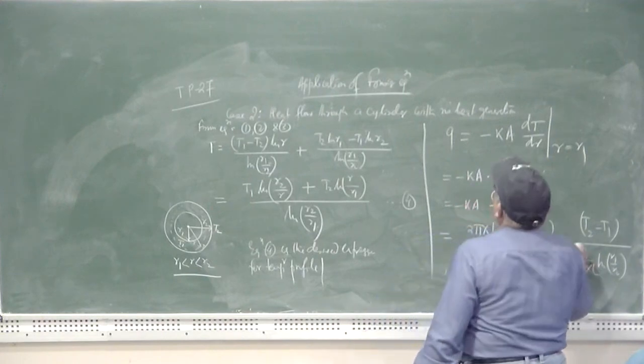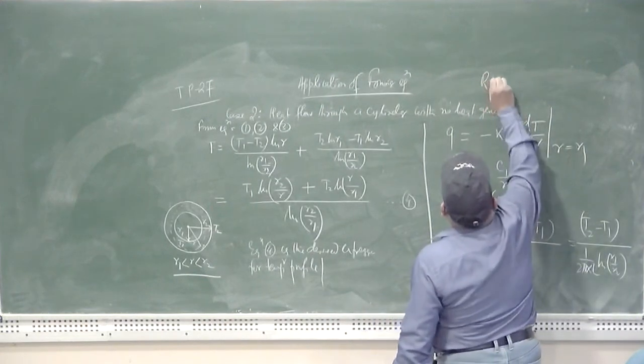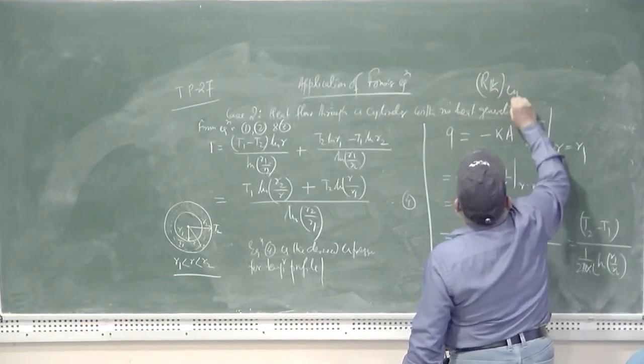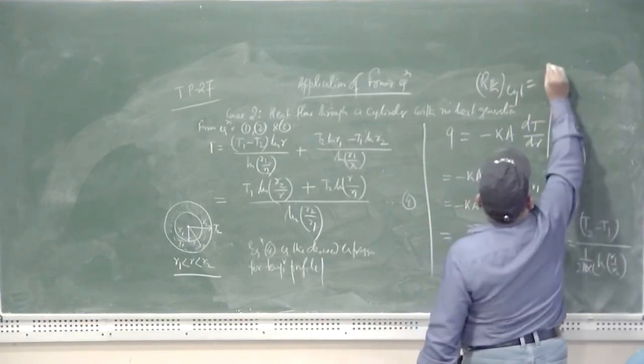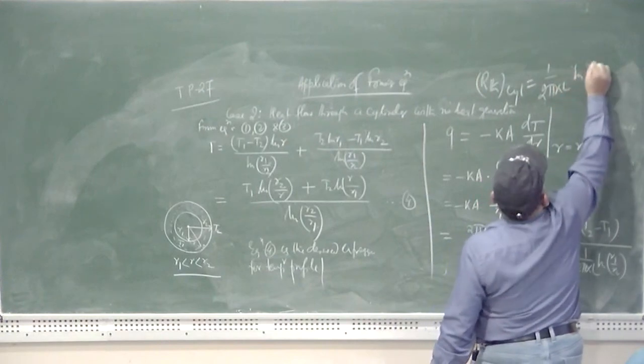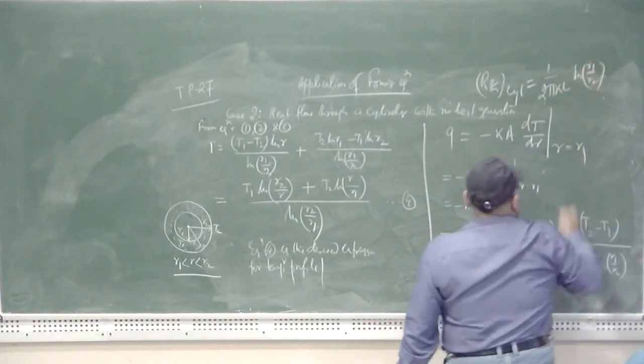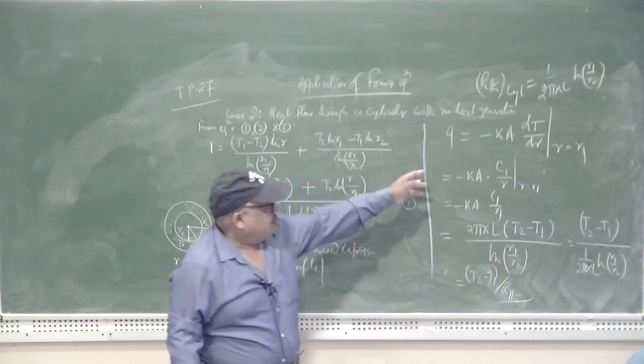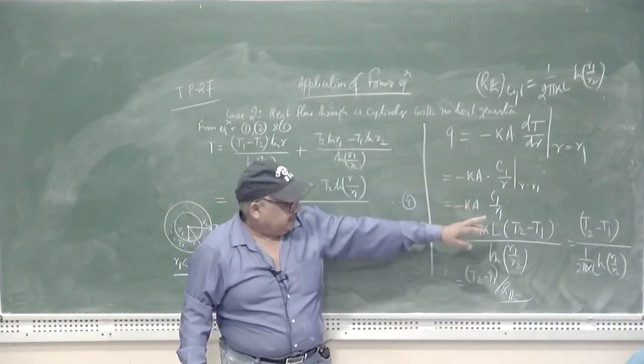So in the case of a cylindrical system, the thermal resistance for the cylinder should be equal to 1 by 2 pi KL ln R1 by R2.